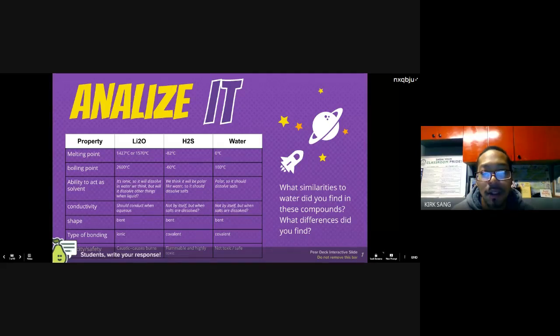Are they similar or different from water? Remember, the focus is on water. So how are these compounds similar or different to water? Aziel has mentioned the two molecules, lithium oxide and hydrogen sulfide.